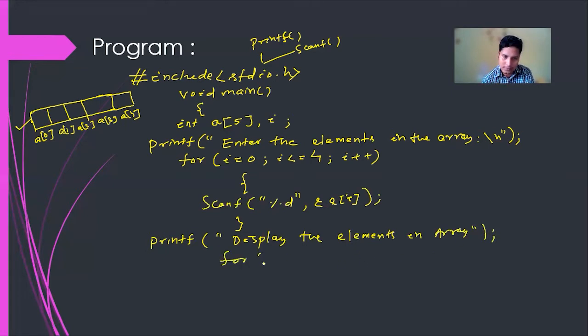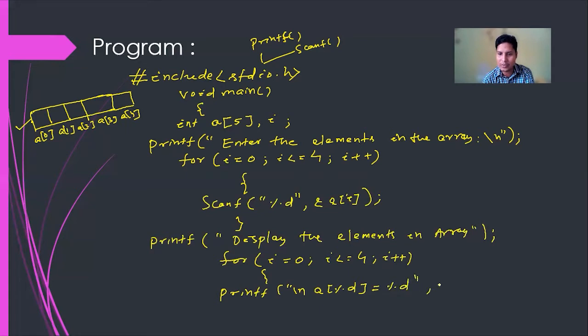For i equal to 0, i less than equal to 4, i plus plus. So I will write inside the for loop the printf function, and this will print, suppose, backslash n a of percent d equal to percent d, double quotation end, comma i comma a of i bracket and semicolon.